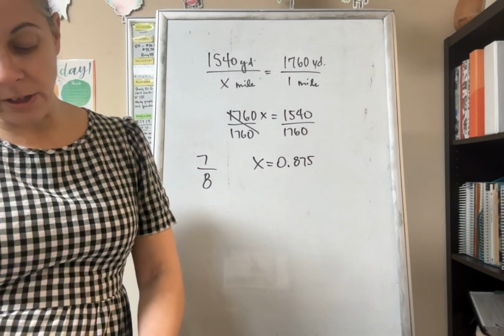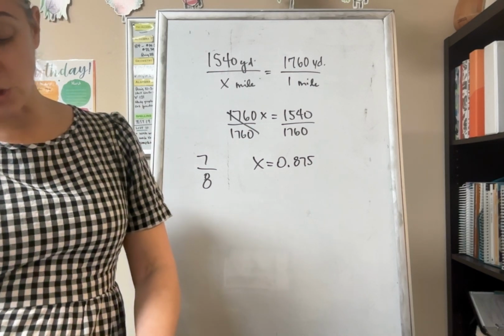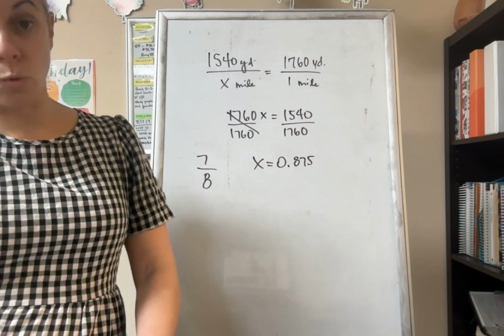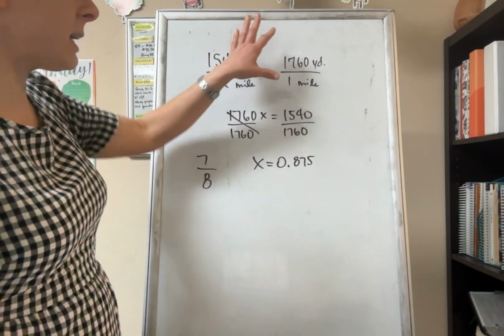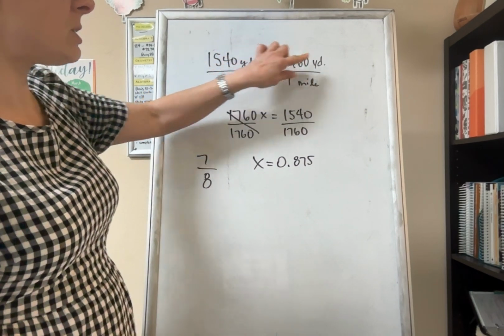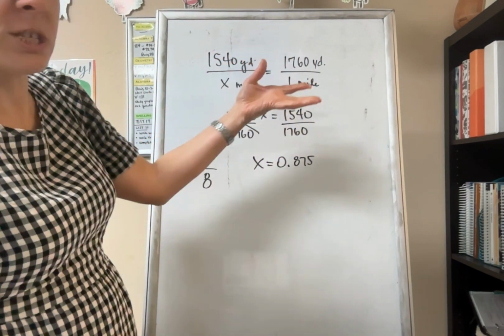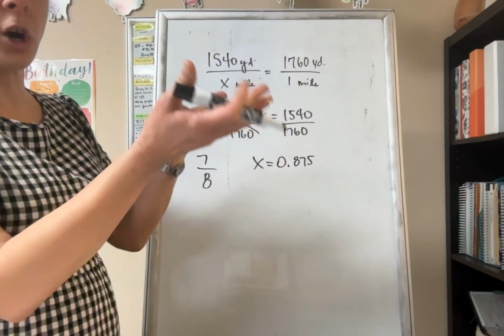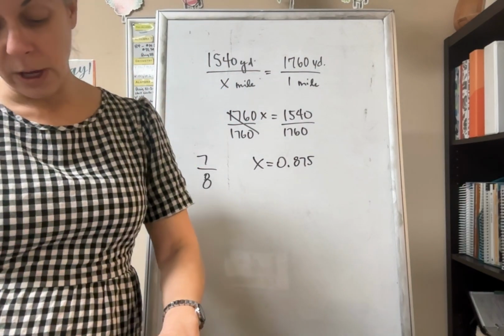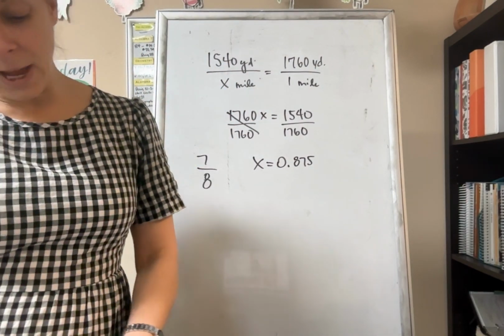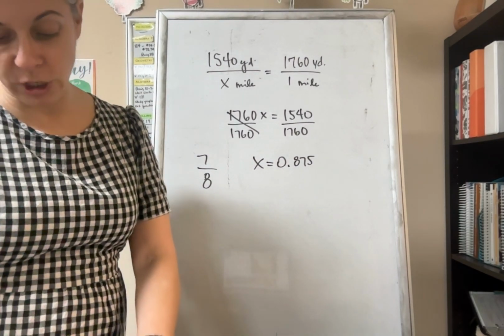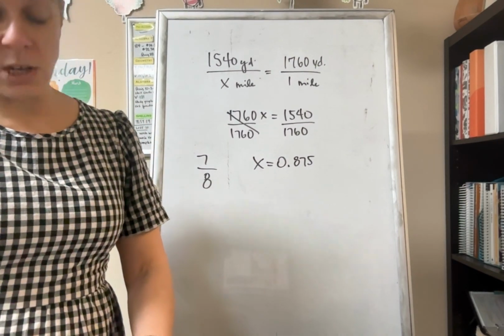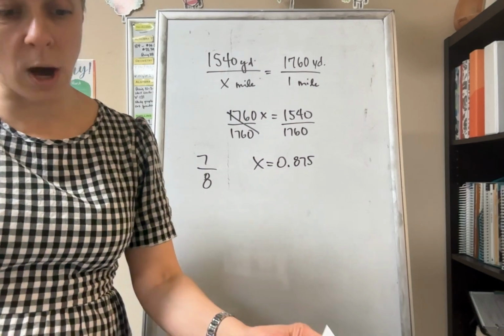So if 12 inches equals 1 foot, 12 inches divided by 1 foot equals 1, and then 1 foot divided by 12 inches equals 1. Just like here, 1,760 yards divided by 1 mile just equals 1, because these things are equivalent to each other. So when I use unit analysis, I'll use what we call conversion factors. It's a rate where we compare two different quantities.